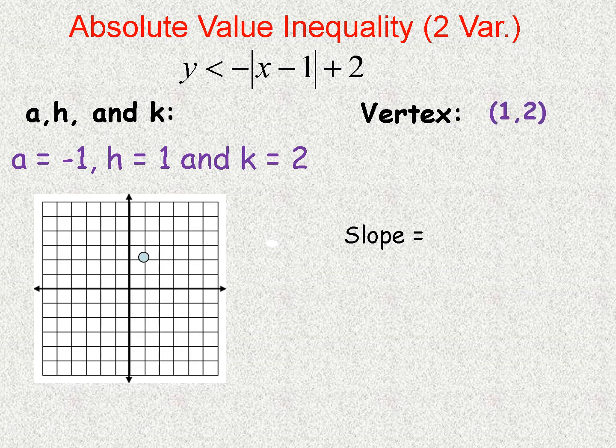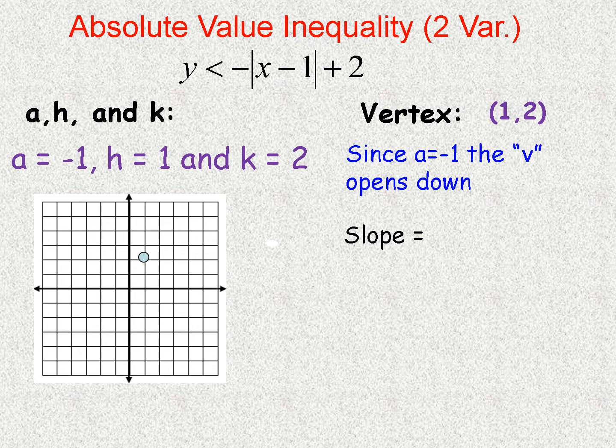We are going to plot our vertex. Now we also know that since the a value itself is negative 1, that means our absolute value graph opens down. Now the slope is plus or minus the number a times b. So if we don't think about the sign on a, that's 1, and then b is 1.